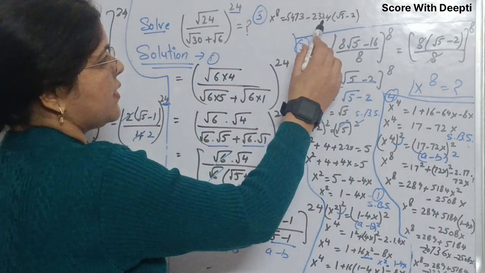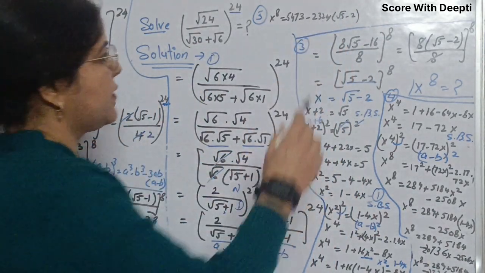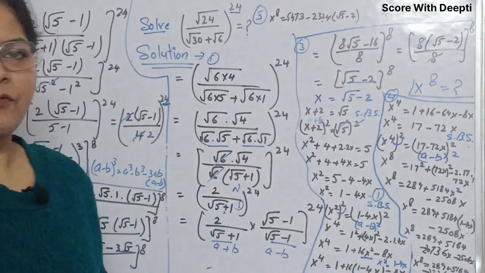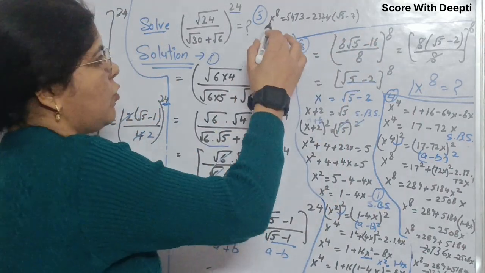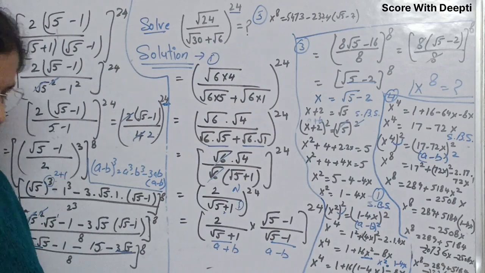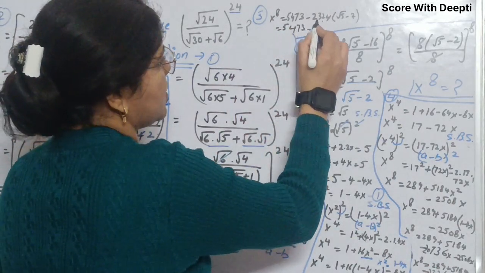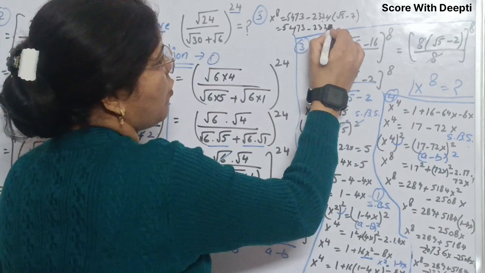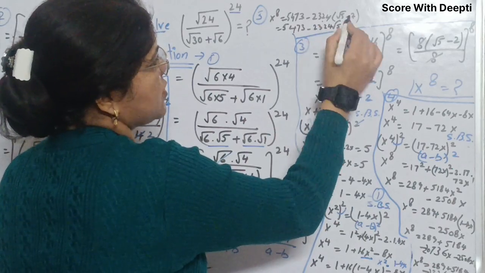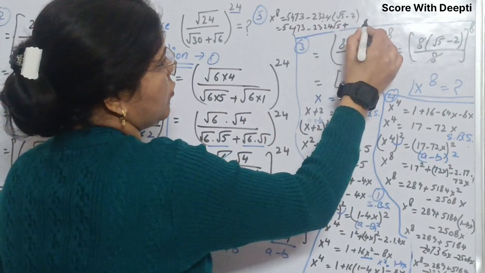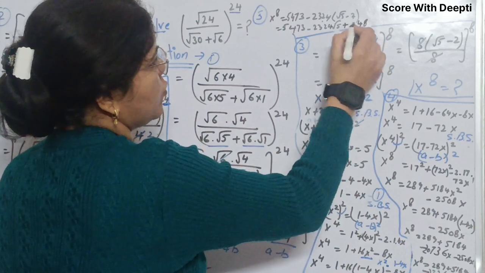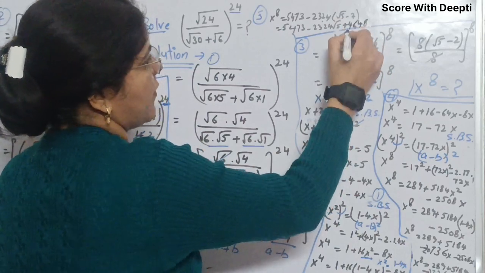Next we multiply this with square root 5 and this with 2, and after multiplying we get the value of x to the power 8. Next we get 5473 minus 23184 square root 5 plus 46368, 2 4s are 8, 2 2s are 4, 2 3s are 6, 2 2s are 4.